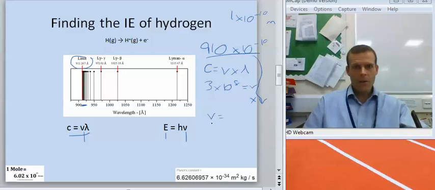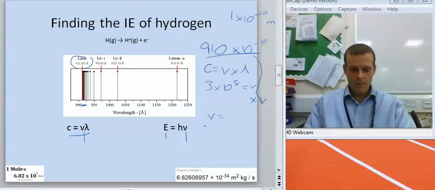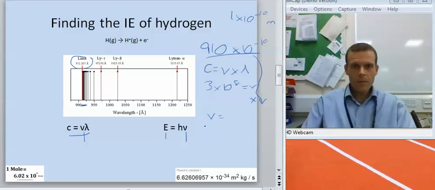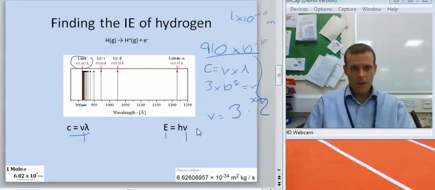And if I solve that for the frequency, I'm getting a frequency of 3.30 times 10 to the 15 per second.